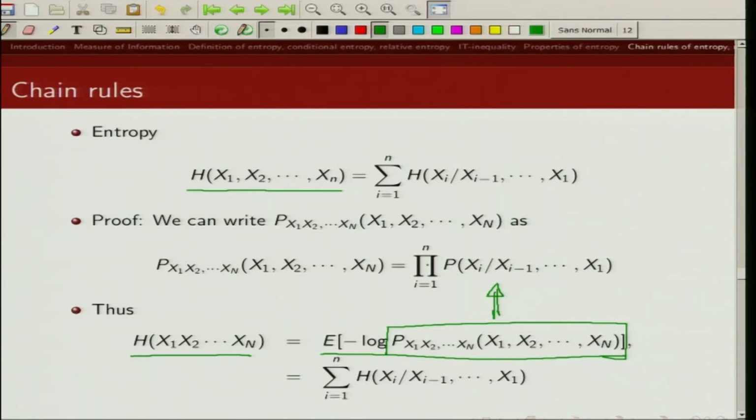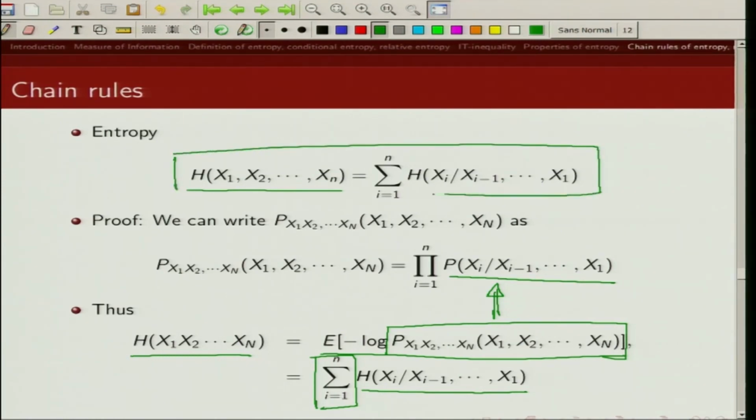So if we take log of product terms, we will get a summation, and what we will get then is expected value of minus log of these conditional distributions, which is nothing but conditional entropy. Hence we can write this joint entropy in terms of these conditional entropies. This is a very important result. We are going to use the chain rule repeatedly to prove different properties of entropy and other things.